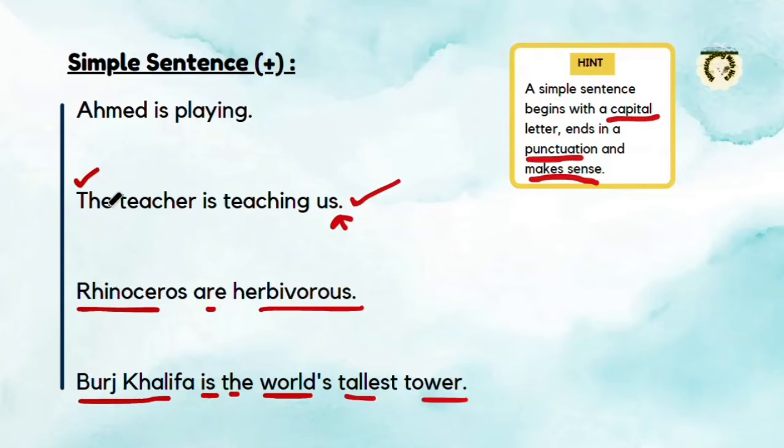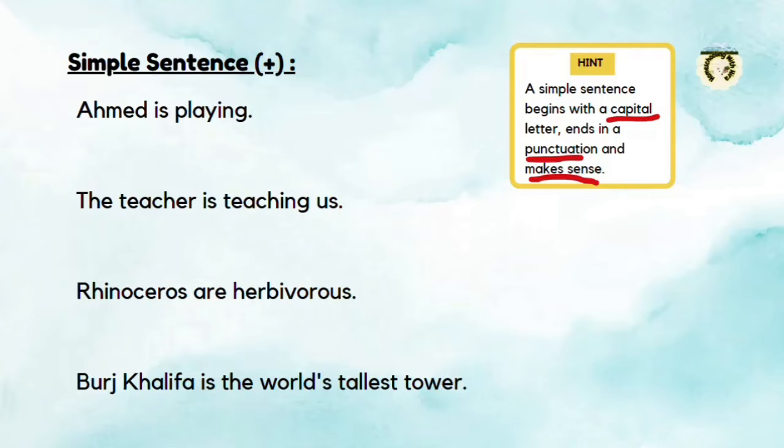All these sentences are simple sentences because they are carrying some sense and they begin with a capital and end in the punctuation. You can see a plus sign here. This is nothing but to represent a simple sentence. When we do some other types of sentences, this plus sign will help us to identify a simple sentence or a complete sentence, right? So you will understand it later why I am marking it with a plus.